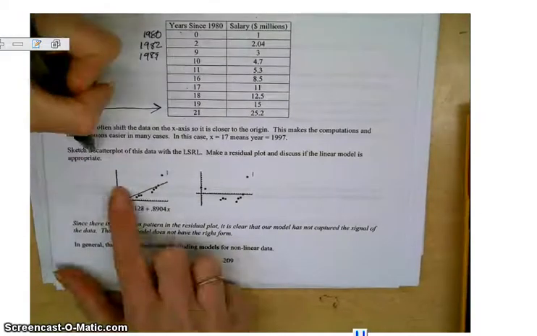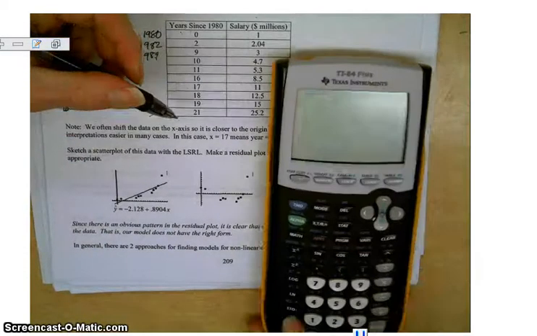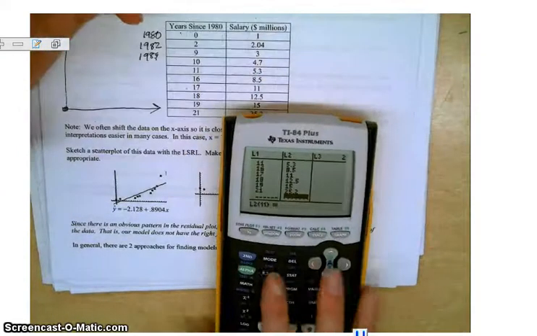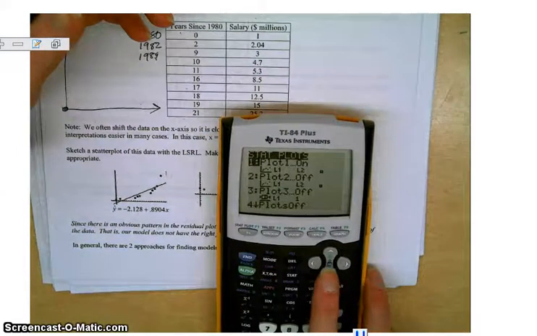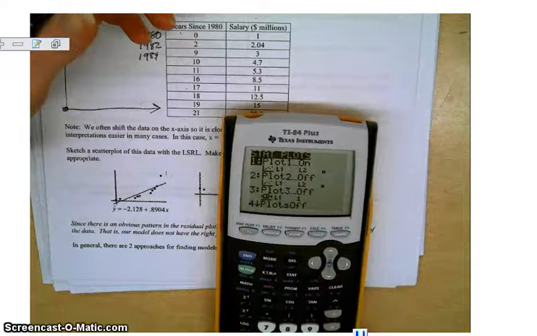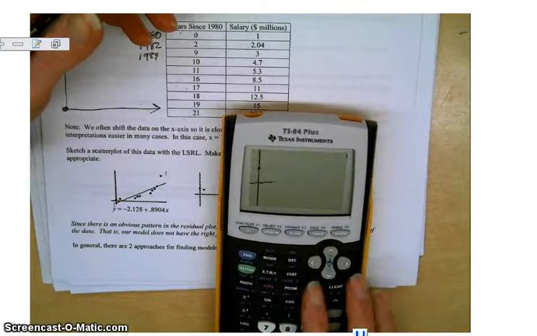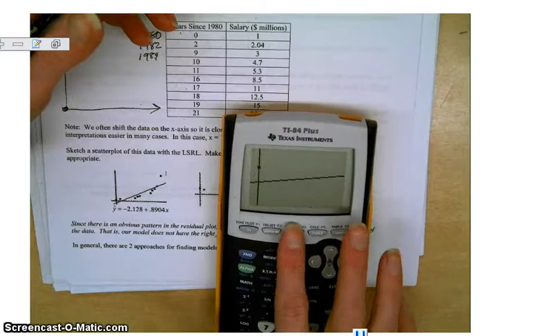So I'm going to make a scatter plot of this data with a least squares regression line. I have it right on my calculator, so you're going to do a scatter plot. So second stat plot, and turn it on. I want a scatter plot. And I'm just going to graph it. And I want to zoom 9.